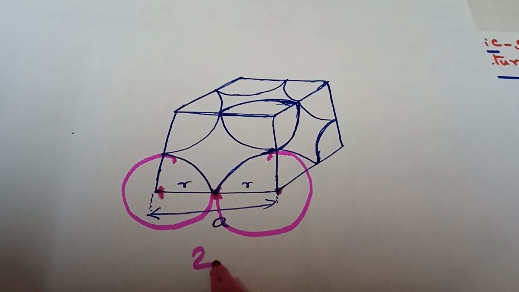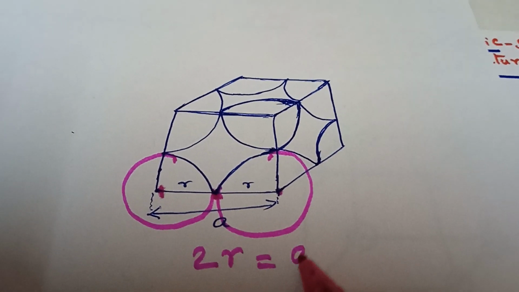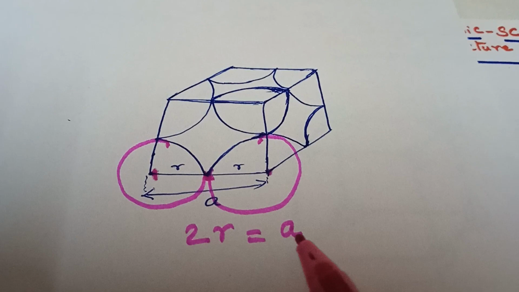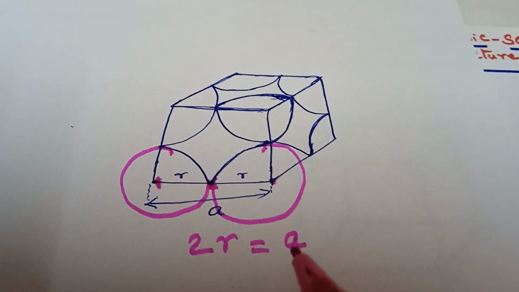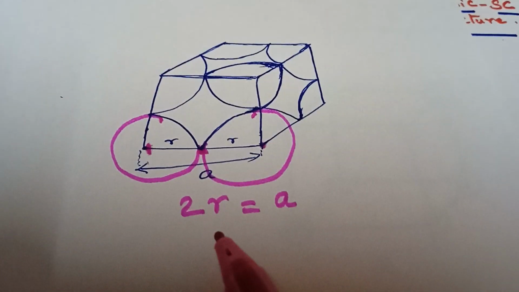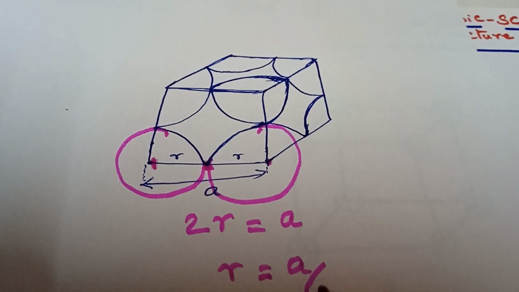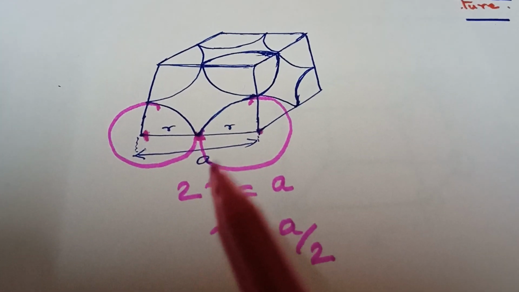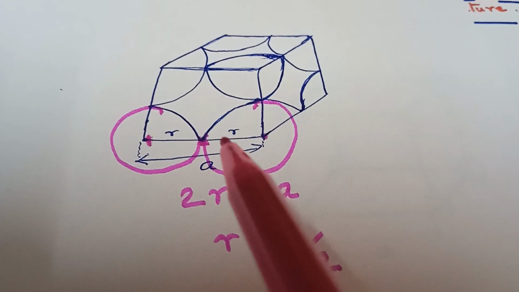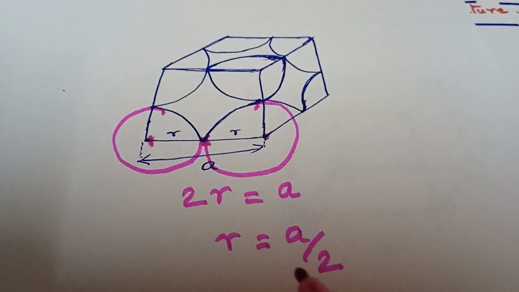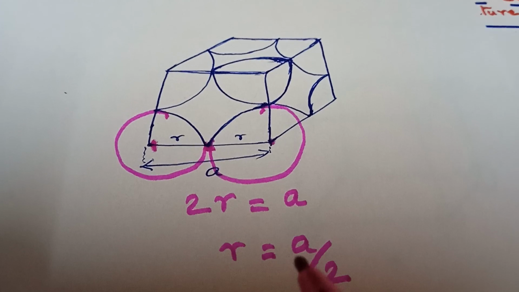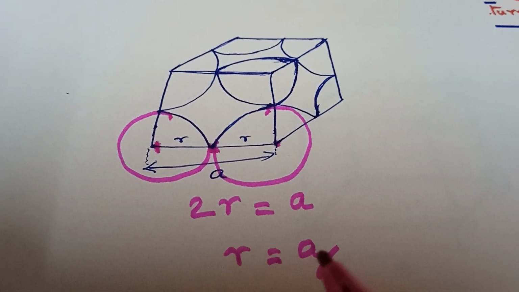Therefore, 2R is equal to A, where A is the cube edge or side of the cube. R is equal to A by 2. Therefore, the atomic radius of the simple cubic crystal structure is half of the nearest neighboring distance.